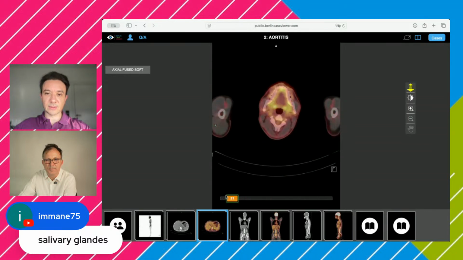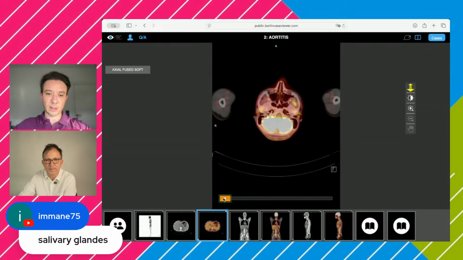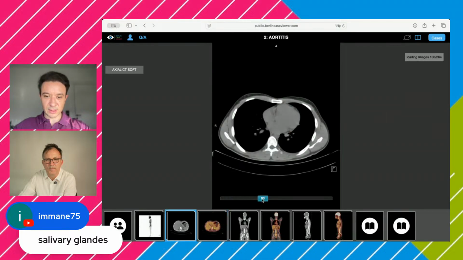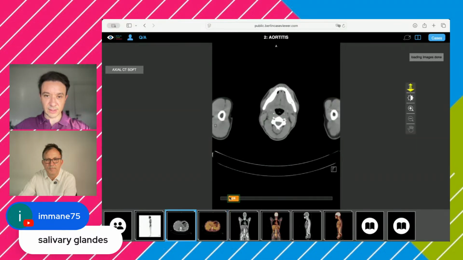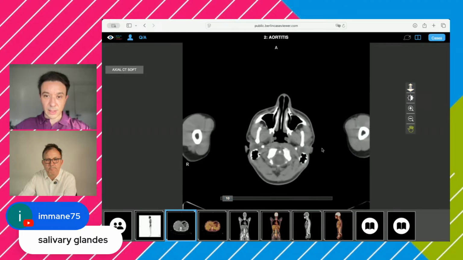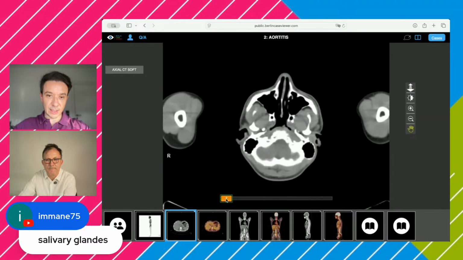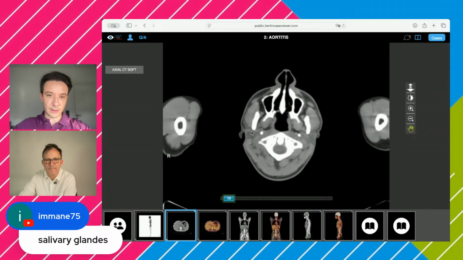Regarding the salivary glands, for example in sarcoidosis, because I had a lot of patients with parotid gland involvement, you have to look at the CT part. If it looks nodular or the margins are nodular, you should think of involvement. Usually the contours of the glands are irregular or nodular, and you can see intraparotid lesions within the deep and superficial lobe, and they show intense uptake.